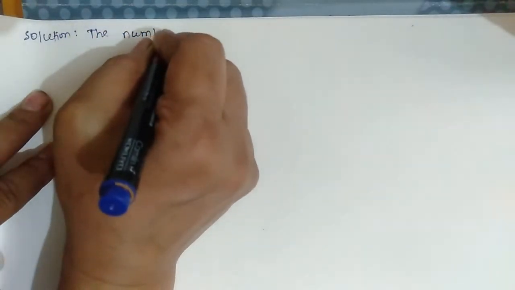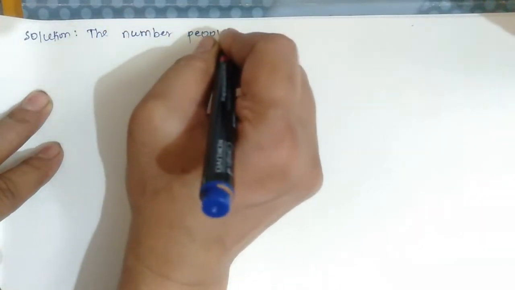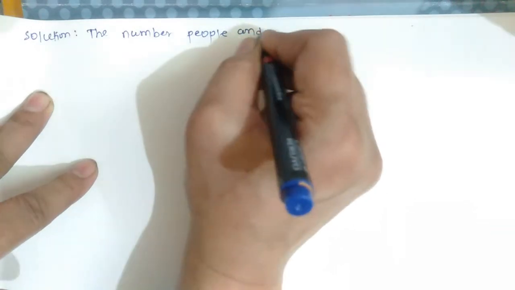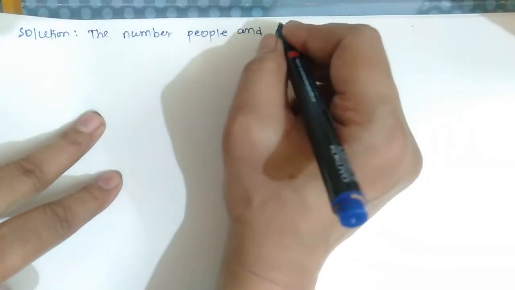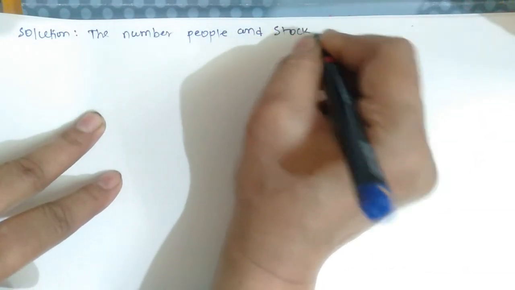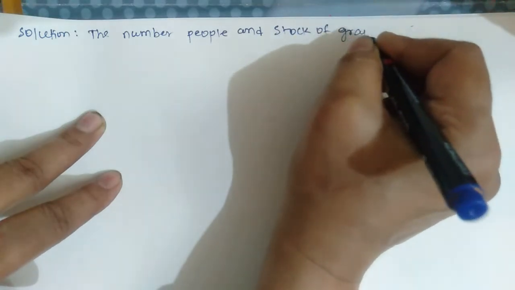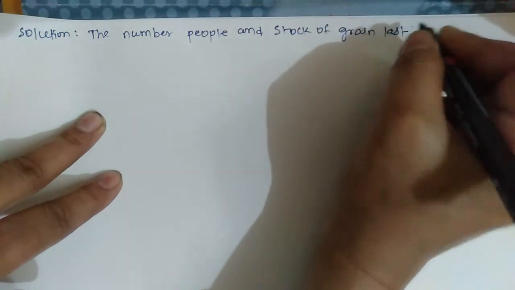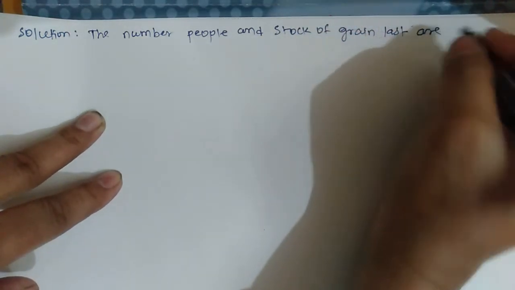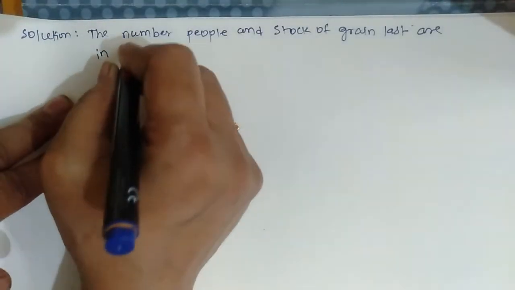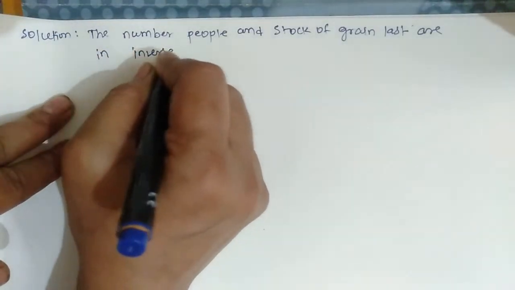The number of people and the stock of grain last are in inverse proportion.